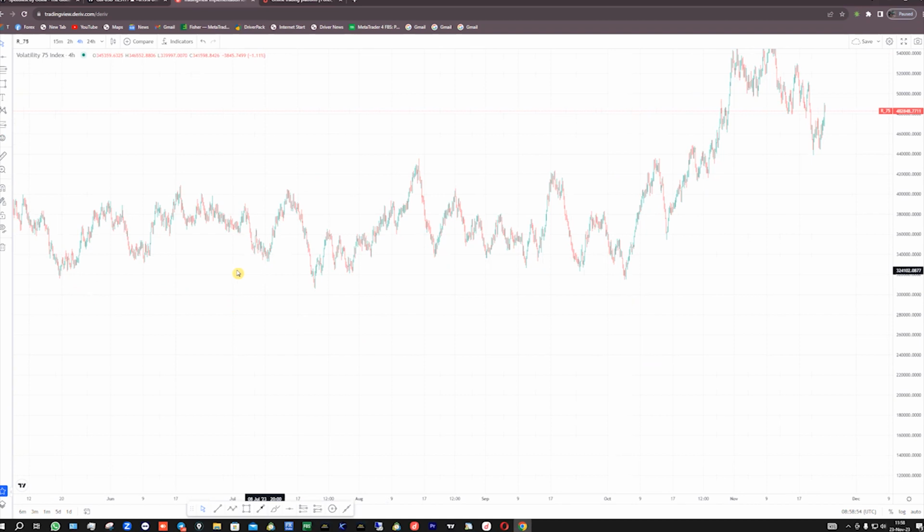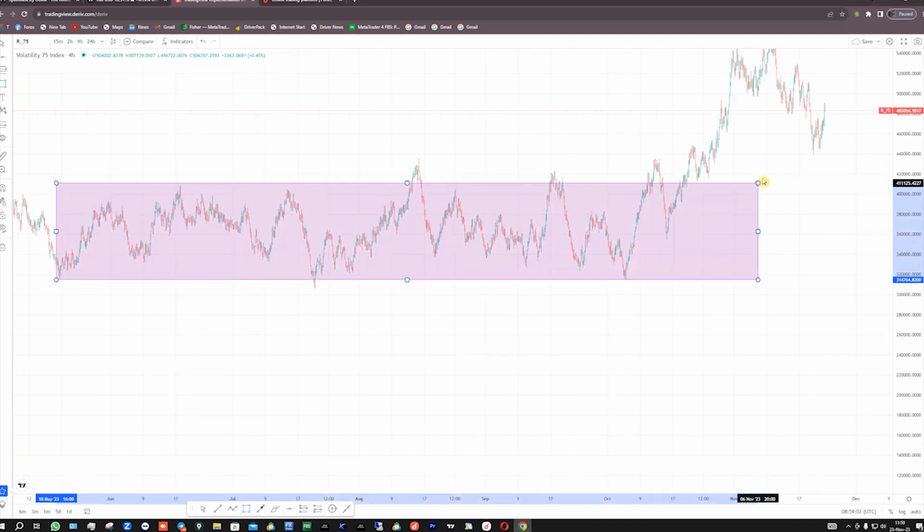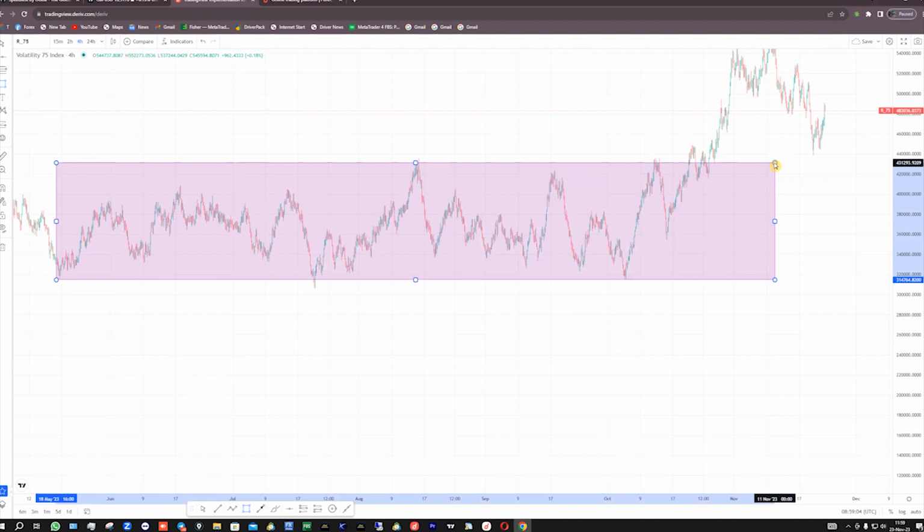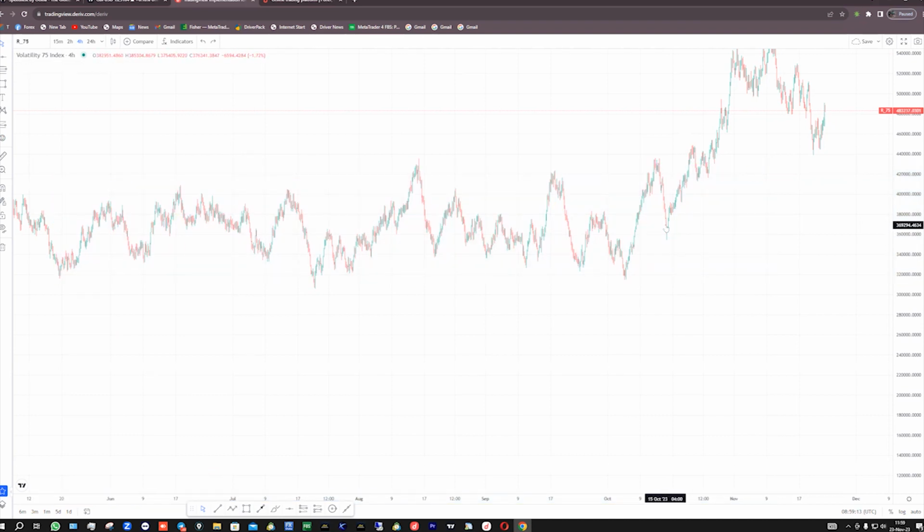It is very easy for you to analyze the chart history. Yes, this is a sideways market, because you can see this market trades in one area. Some will say it's a consolidating market, a sideways market.